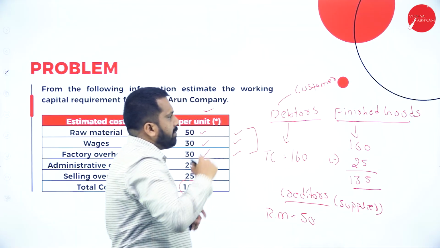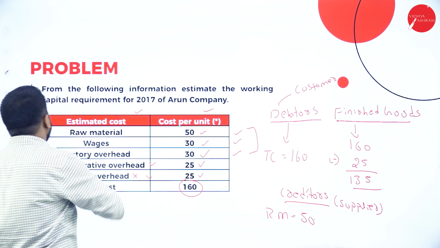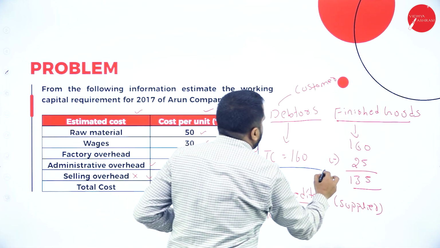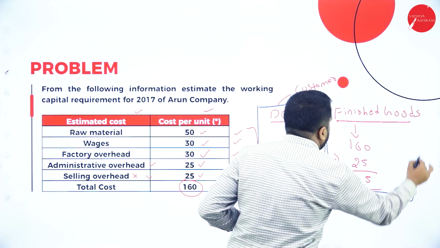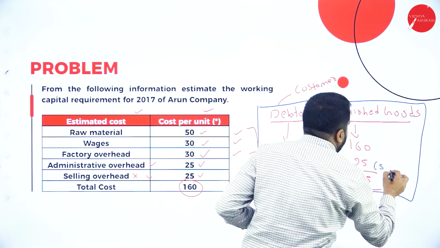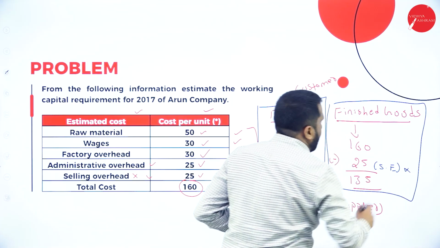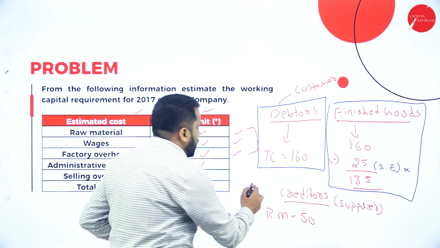Remember, these are the major things you are supposed to remember. So, which are the things we learned? Debtors, the total cost is 160. Finished goods, the total cost is 135. Selling expenses, we have excluded, we removed. And creditors is how much?